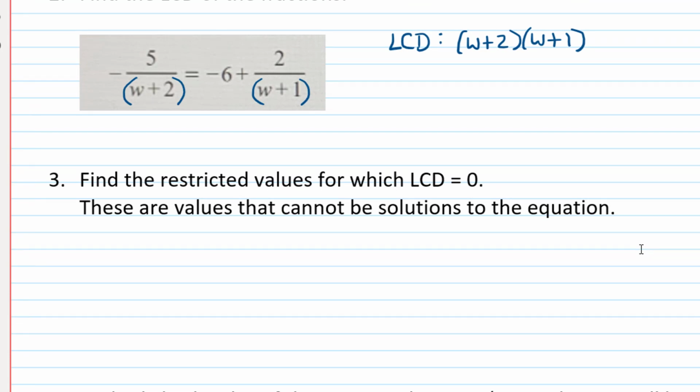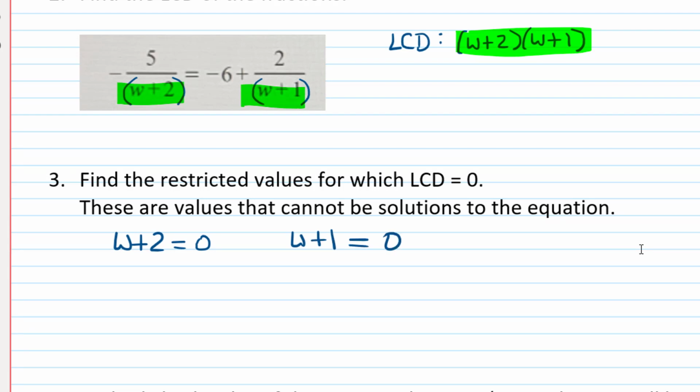Since the LCD includes all the factors that appear in any of our denominators, those factors are not allowed to equal 0. So set each factor of your LCD equal to 0 and see what values of w we're not allowed to have in our solution. In this case, w is not allowed to be -2 and w is not allowed to be -1.